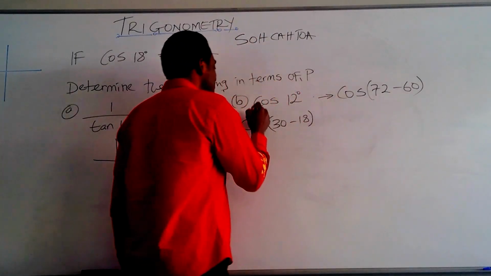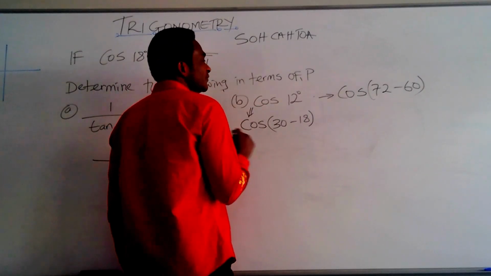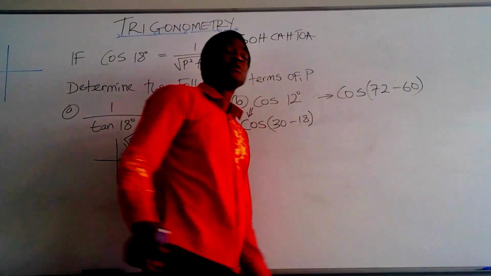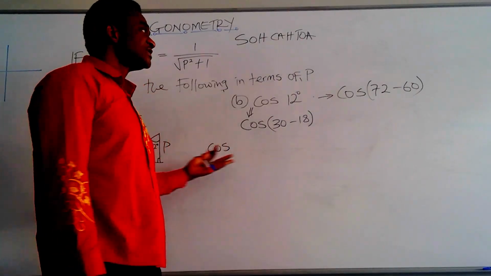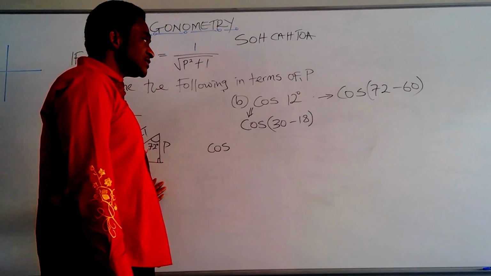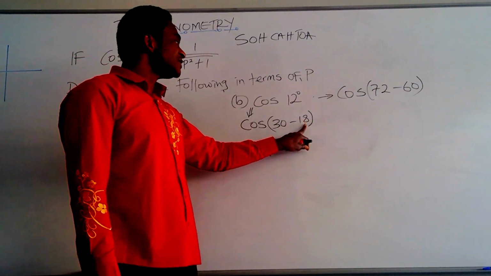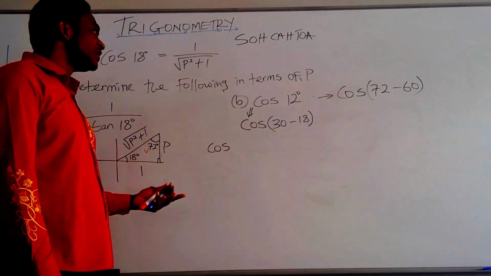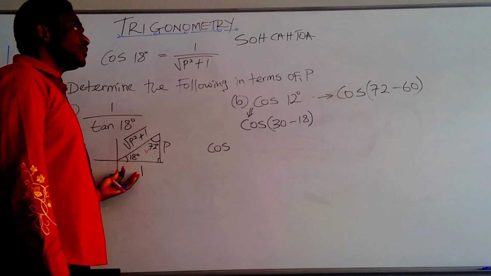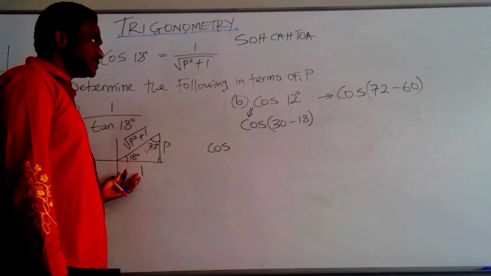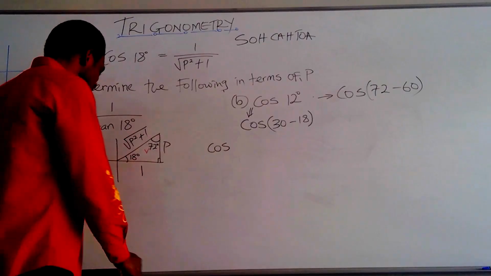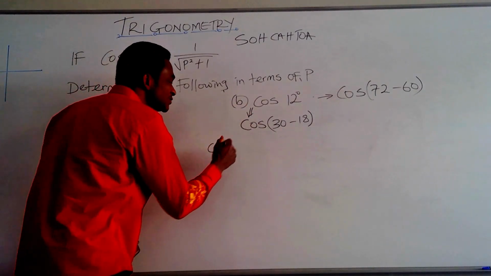So it's either we are using this or this. 72 minus 60, we can use special angles. 30 minus 18 gives me cos of 12. We can also use special angles. So either way, that or this will give us the answer. But I said we are going to use this.